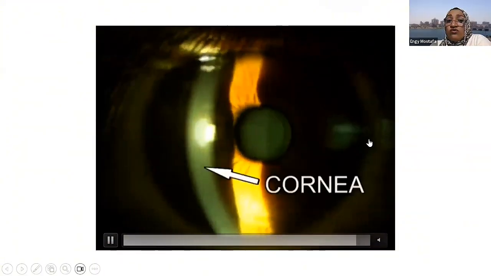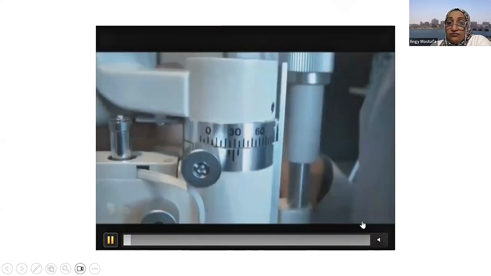And here, this is the cornea with its thickness, and this is the reflection of the light on the iris, and we are examining here the cornea. Now we can examine it all over the cornea itself, and we can detect all the layers in the cornea.